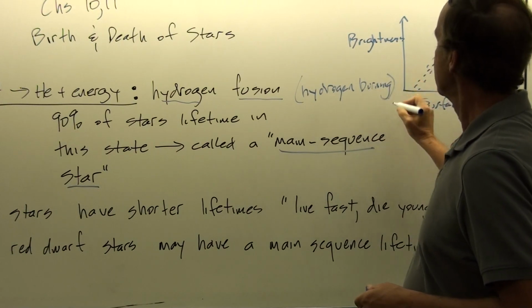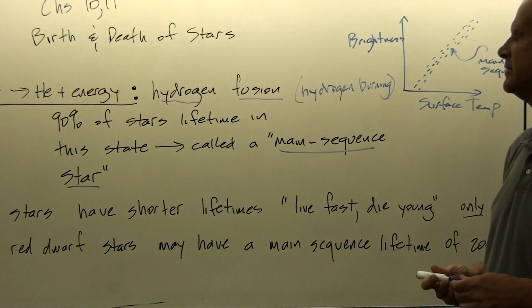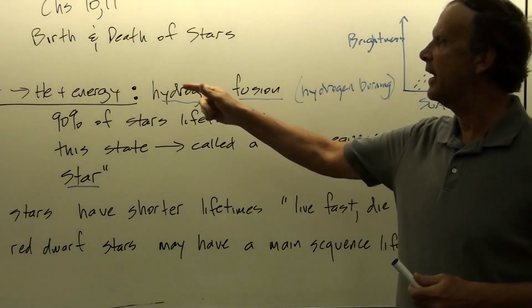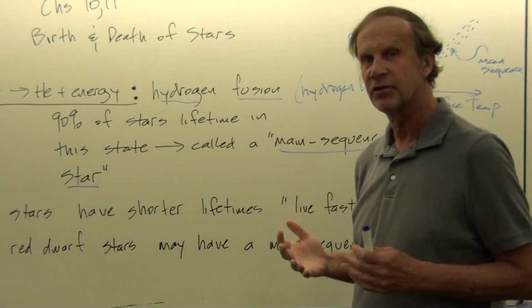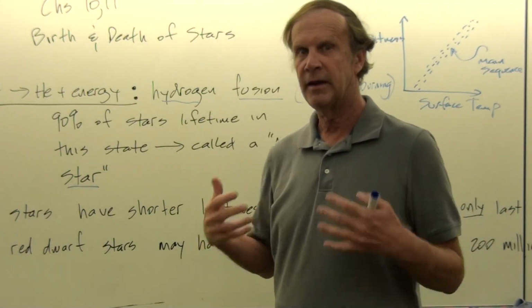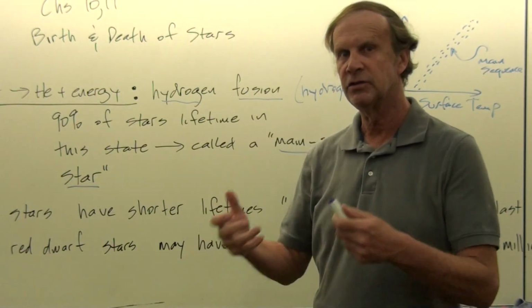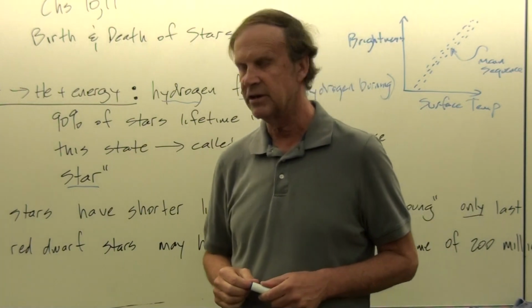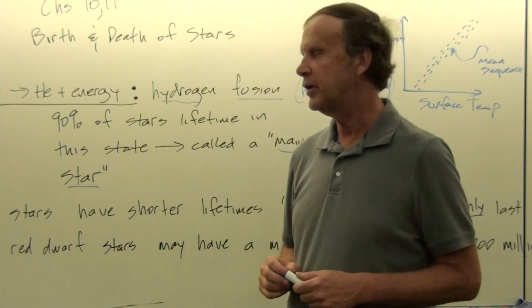These are all terms that represent the conversion of hydrogen into helium, which is the main source of energy that a star uses to produce energy during the vast majority of its lifetime.